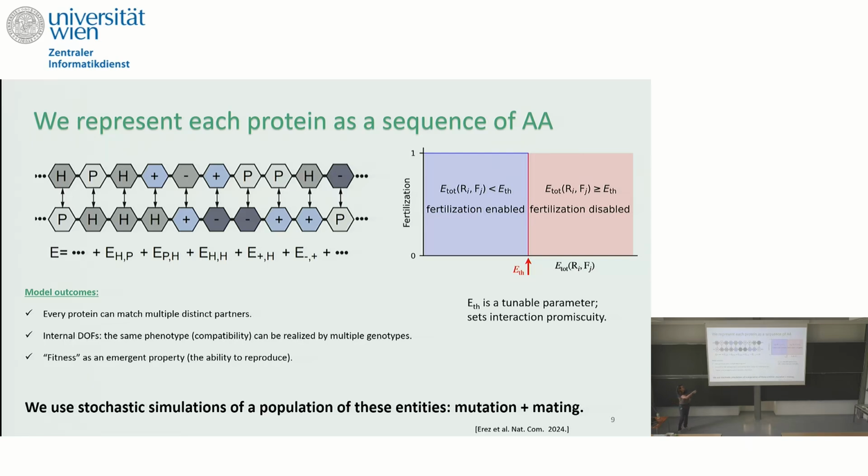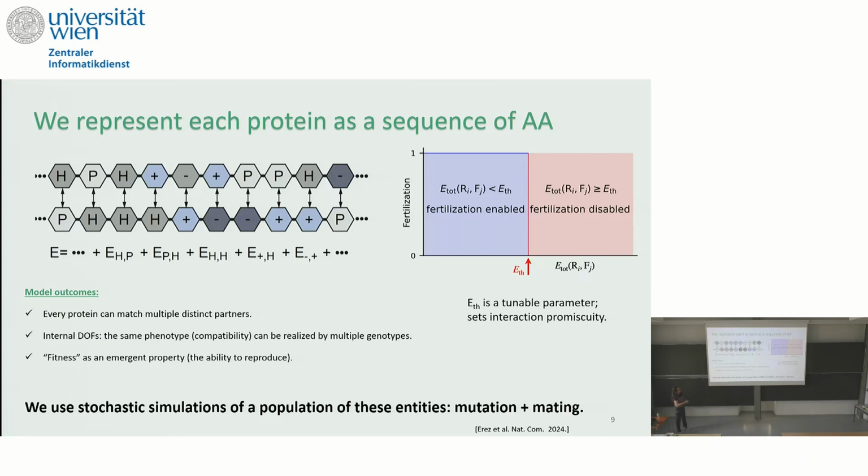We also use a simplified model where we consider only 4 biochemical categories of amino acids: hydrophobic, polar, positively or negatively charged. We borrow the model that is used in studying protein folding.